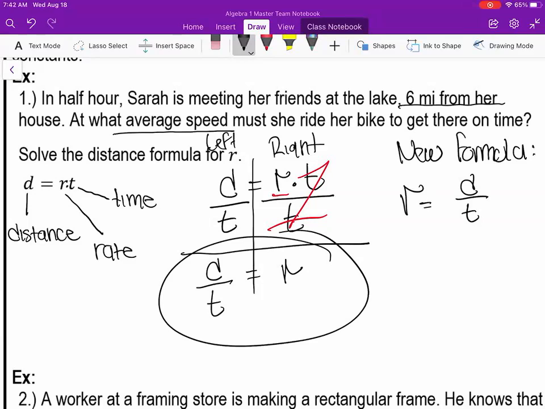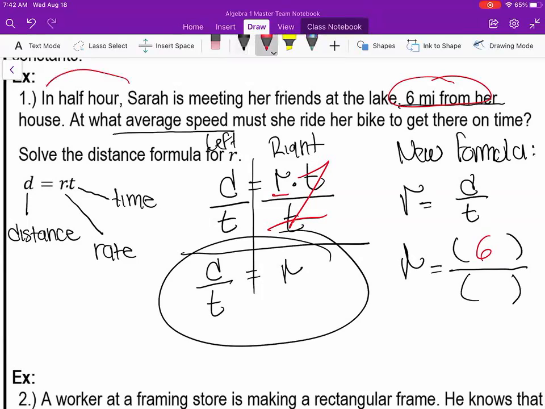So now I can figure out the average speed or the rate. All I got to do is plug in the information that I have. I want to know what R is going to be. So R equals distance, that is on the top. Well, what's the distance? The distance we know is 6 miles. So D is going to be 6, divided by T. Well, T is time, and time is half hour, so 0.5.